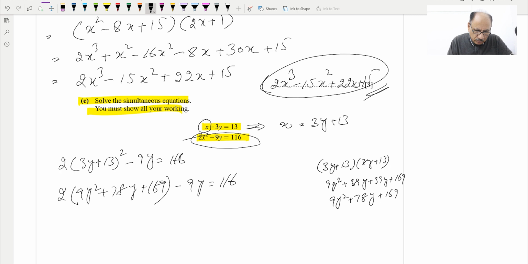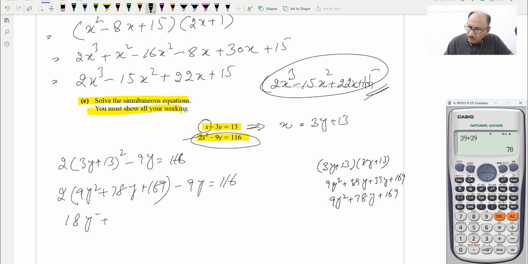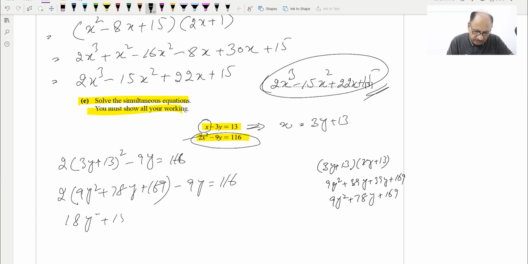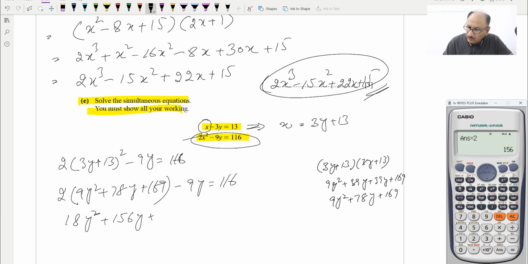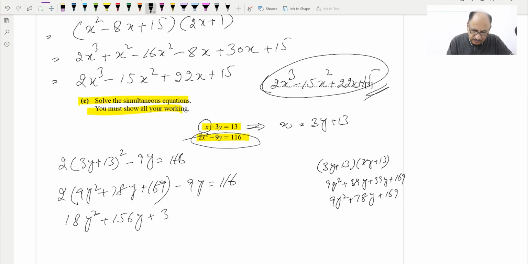So we can open the bracket. So 18y square plus 78 multiplied by 2 will be 156y here, and plus 169 into 2 will be giving us 338.